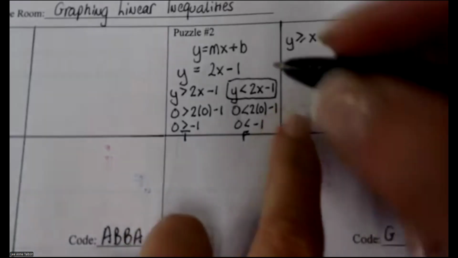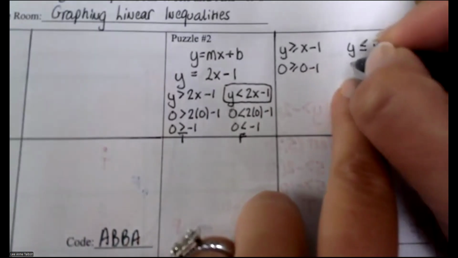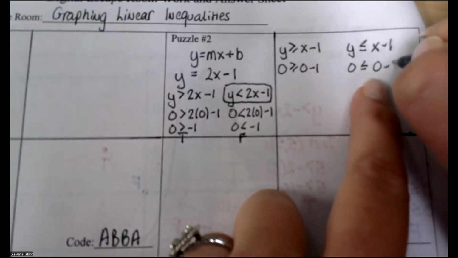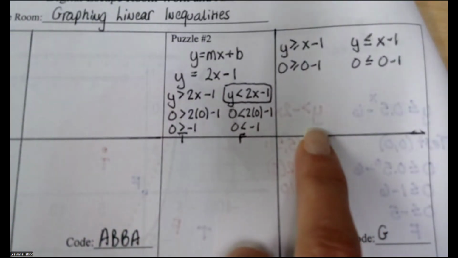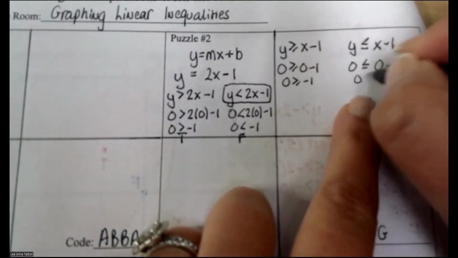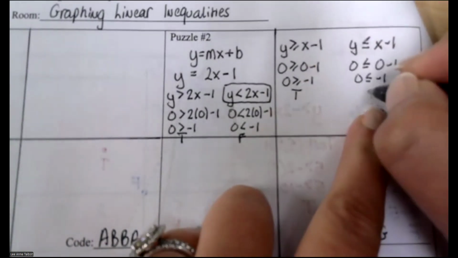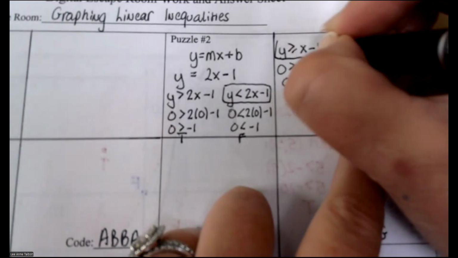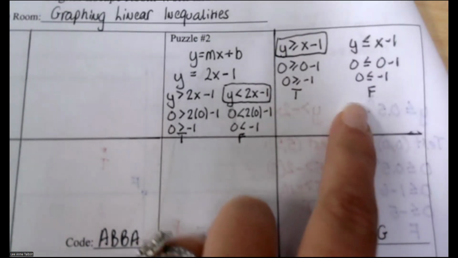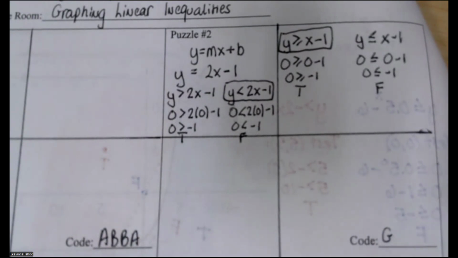Okay. So it has to be this one. Is that C or H, that one? C? Okay.